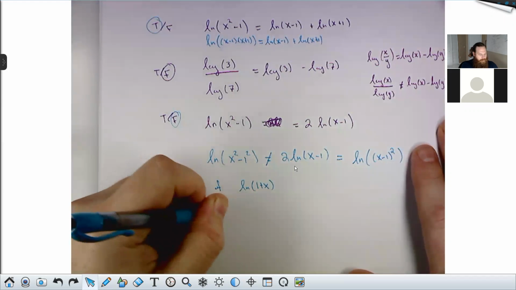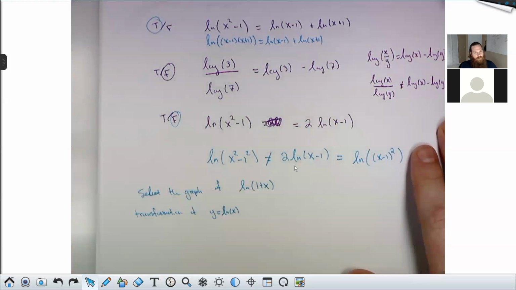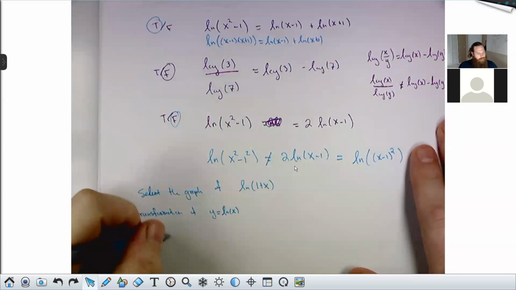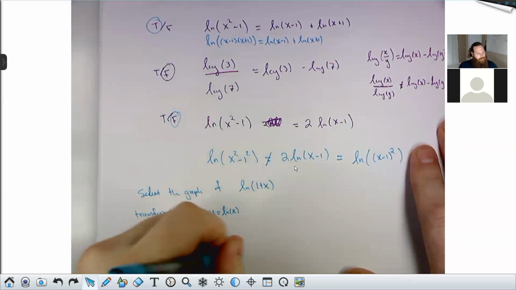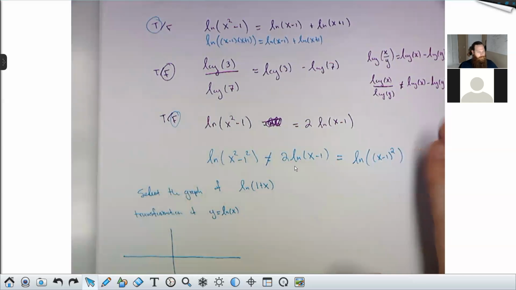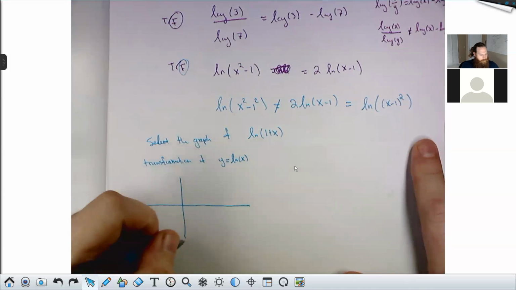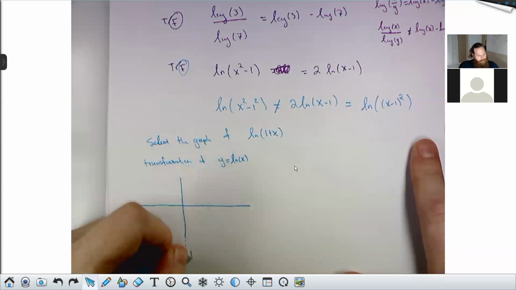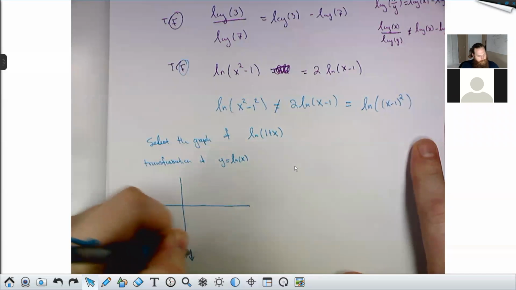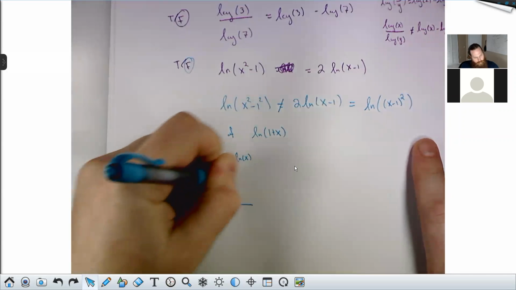So this is a transformation of regular old ln x. What do I need to do to the regular ln x graph to get this graph? Good, one shift left. What does the regular ln x graph look like? I know that's not an easy thing to answer here via Zoom. It has a vertical asymptote at x equals 0, which it approaches only from the right, and then looks like this.